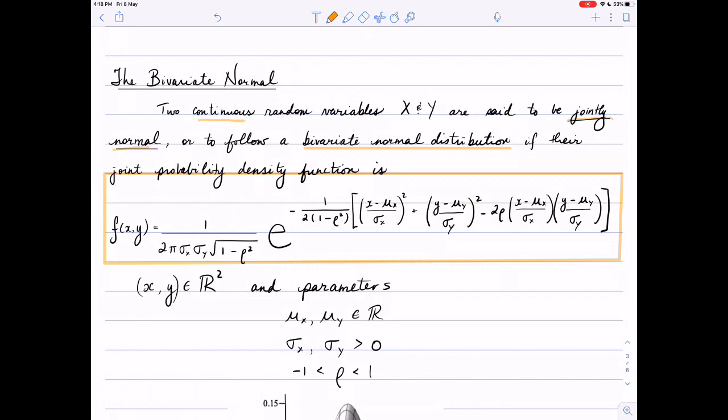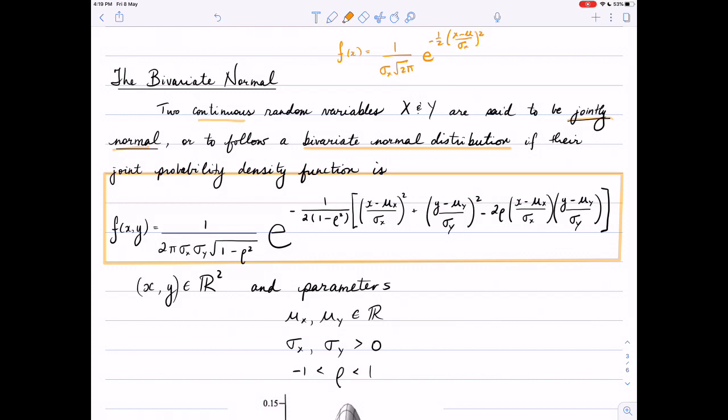So first of all, if you remember the density function for a single variable normal, we have this. We had sigma sub x times root 2 pi and e to the minus 1/2 x minus mu over sigma sub x all squared.